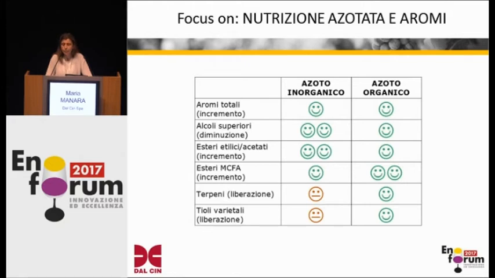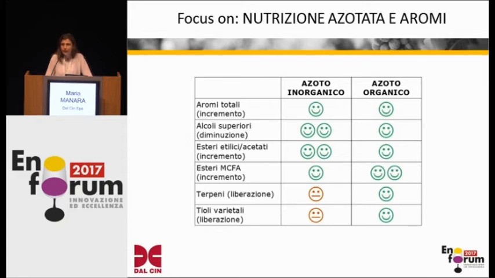And it seems that we have a higher production of ethylic esters and acetates with the inorganic nitrogen, while MCFA esters are more linked to organic nitrogen.